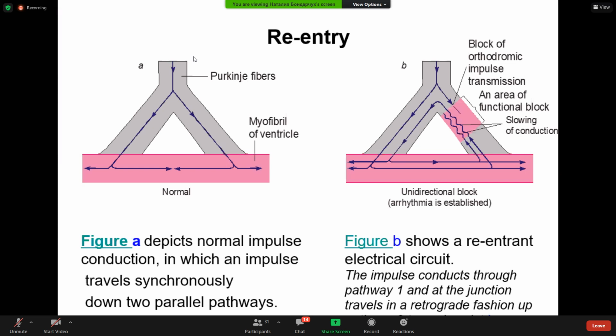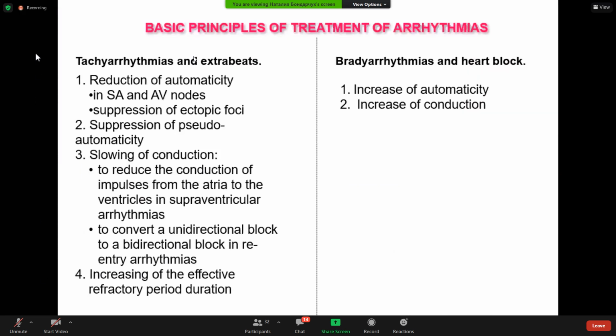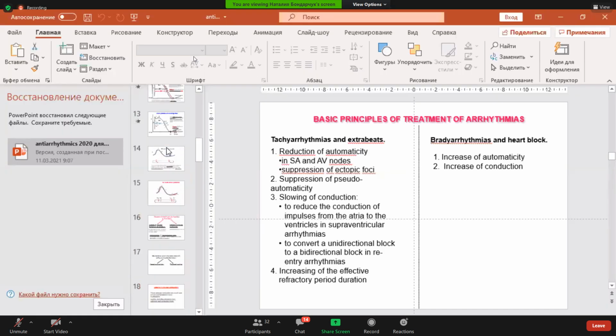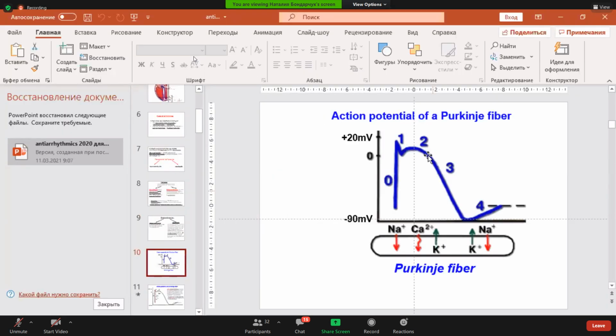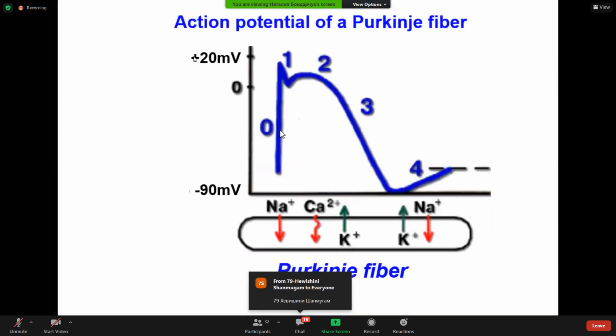Also, to treat such types of arrhythmia, we can increase the refractory period. Such drugs are responsible for prolongation of the third phase. One minute, again I will show you. The third phase, you can see on this diagram. Such drugs increase the refractory period; they cause the slowing of the third phase, and as a result there will be an increase of the refractory period.